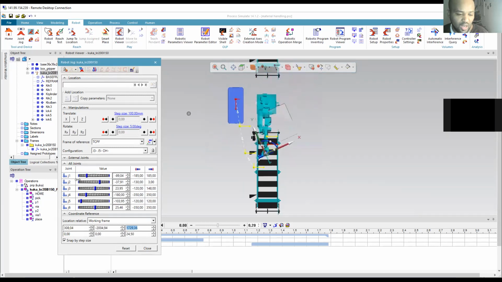Only the position along x, position along y, and rotation along z.